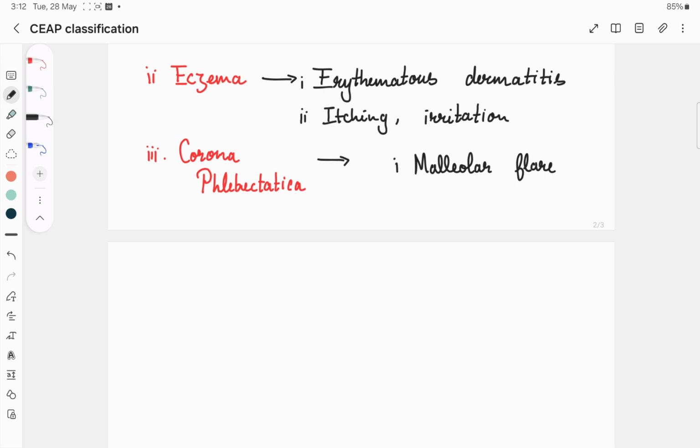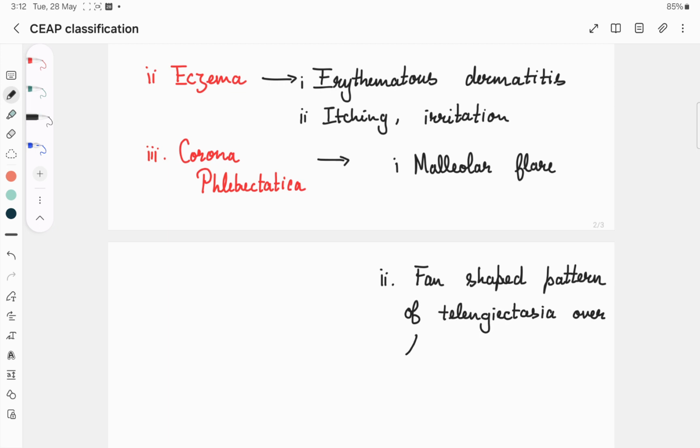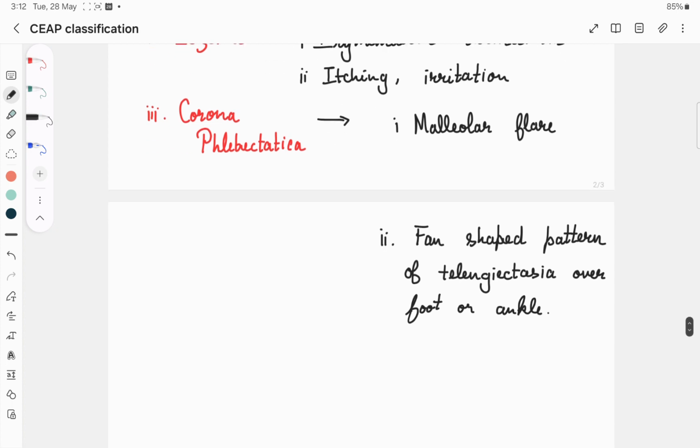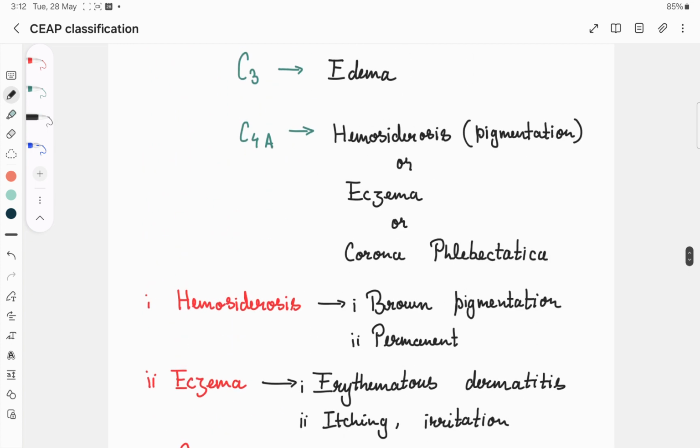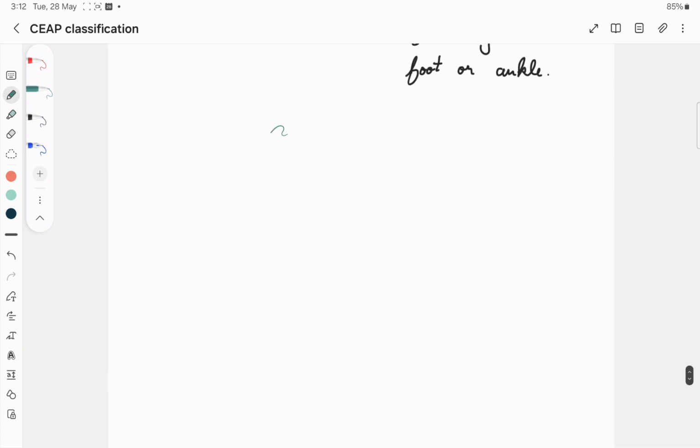It is malleolar flare, and the characteristic fan-shaped pattern of telangiectasia over the foot or ankle. So this is the real definition: fan-shaped telangiectasia over the foot or ankle.